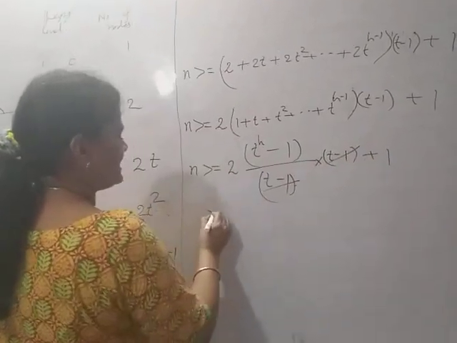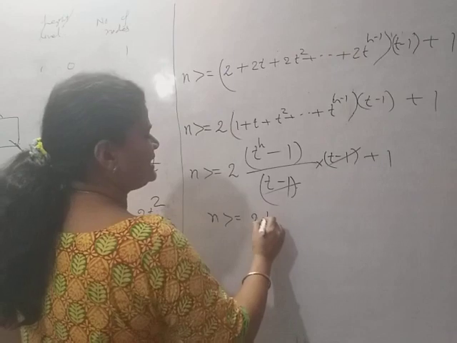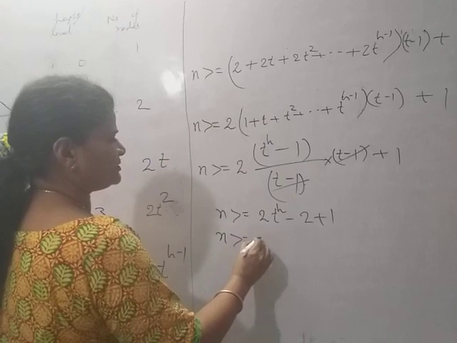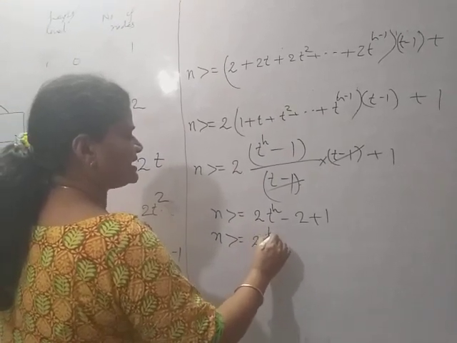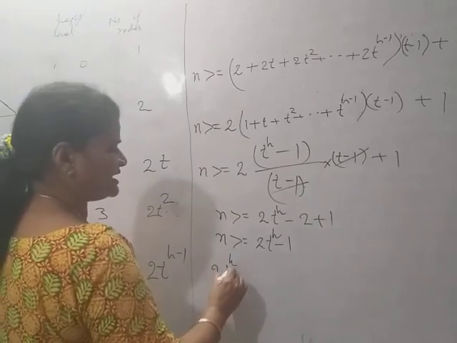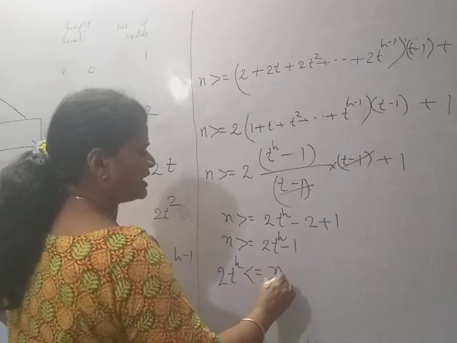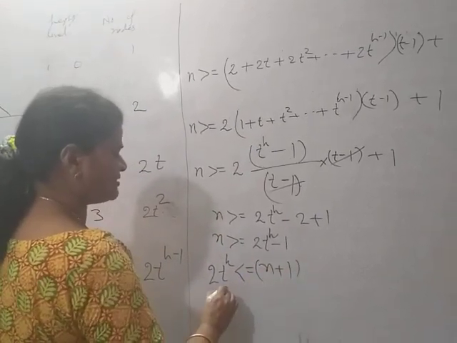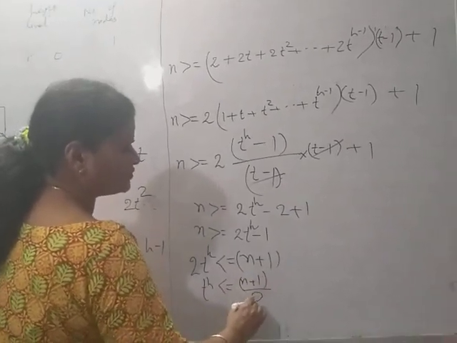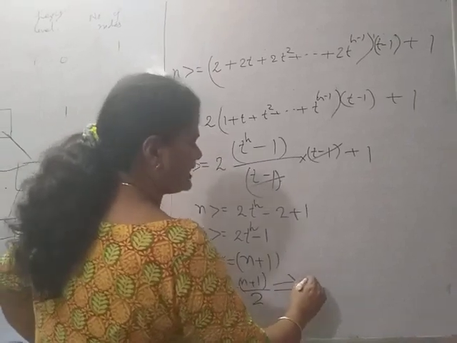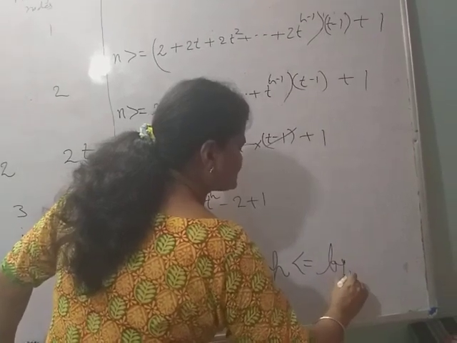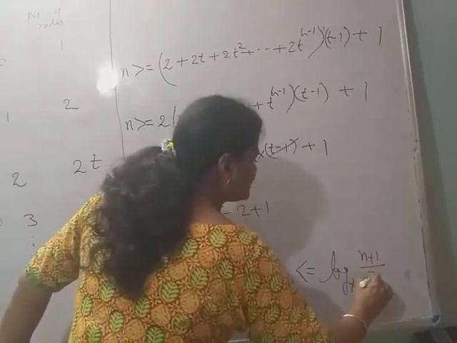This is cancelled. n is greater than or equal to 2 t to the power h minus 2 plus 1. So n is greater than or equal to 2t^h minus 1. So here we can write 2t^h is less than or equal to n plus 1, and then t^h is less than or equal to (n plus 1) by 2. This implies that h is less than or equal to log base t of (n plus 1) by 2.